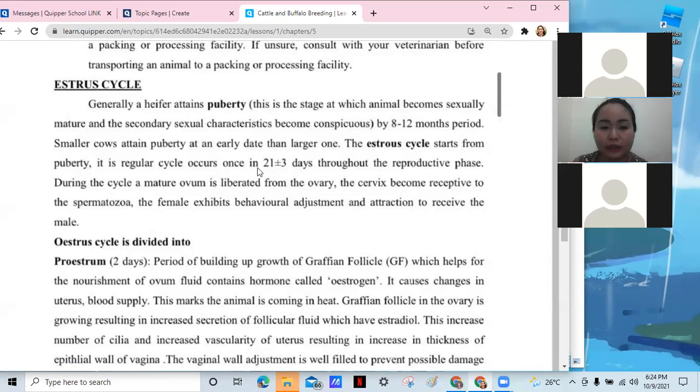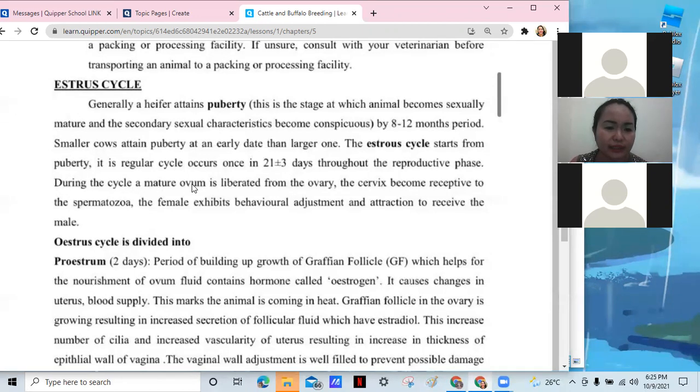So this is a very important thing to know, not only for animals but also for humans, no? Kasi if you really wanna get pregnant, this is something that you should know, or not pregnant. So this is something you should mind, no? Kasi yung kanyang estrus will only occur once, no, within these days and even within hours ng atad.